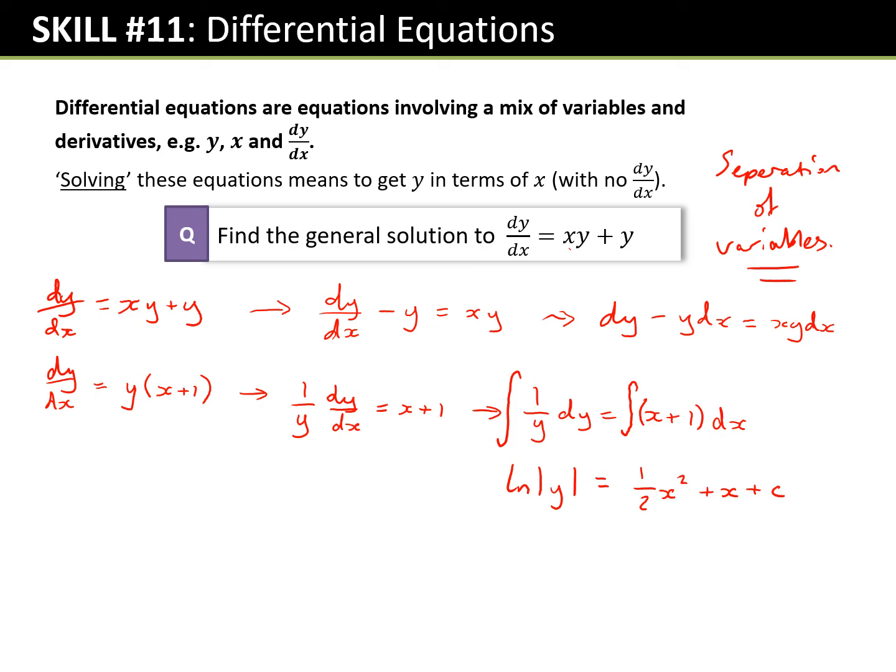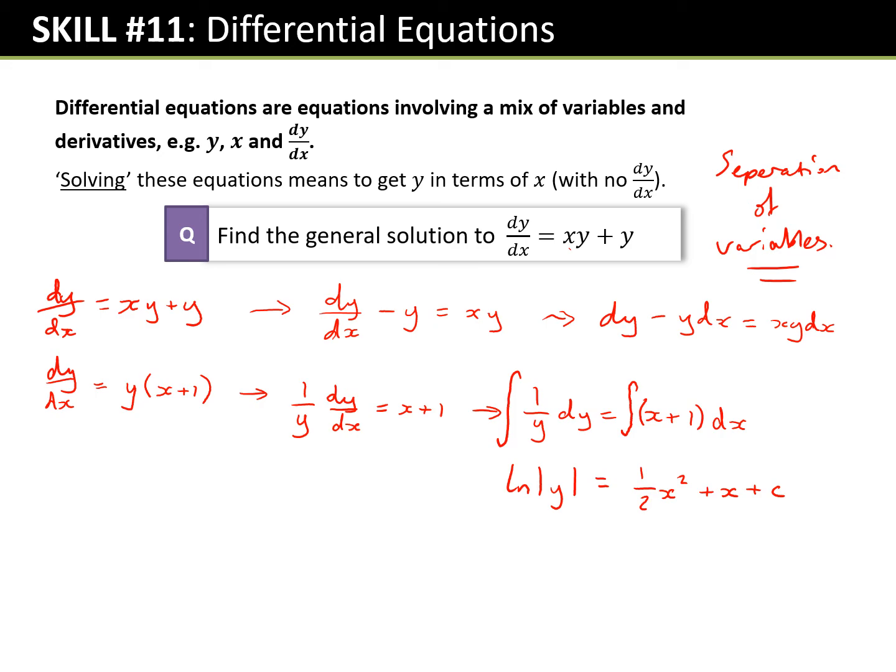Now, like before, like with integration by parts, we do not need two constants of integration. Here we could have put plus c, here we could have put plus k or something. However, what we can do is just include the one constant, and then that accounts for both integrals. Now here, we need to get it as y equals, okay?